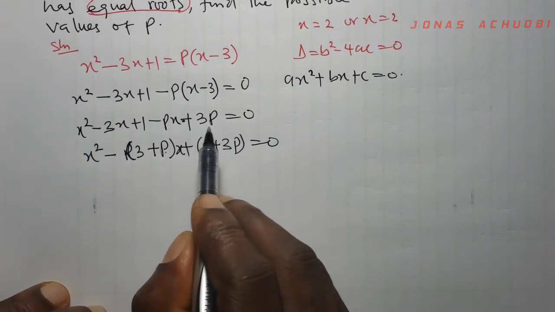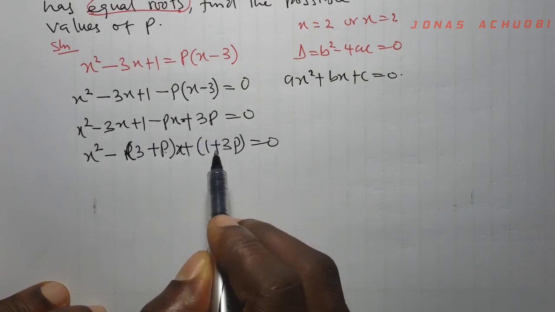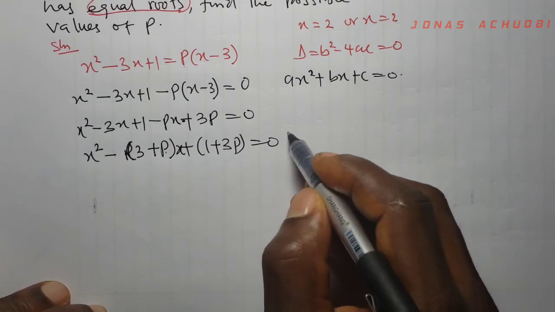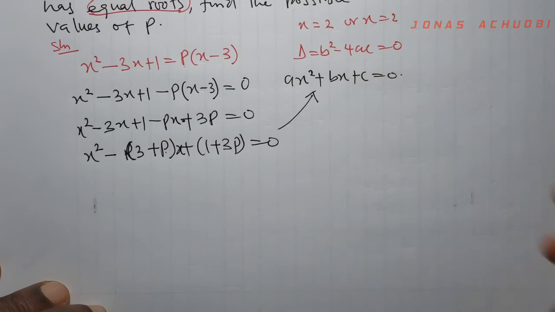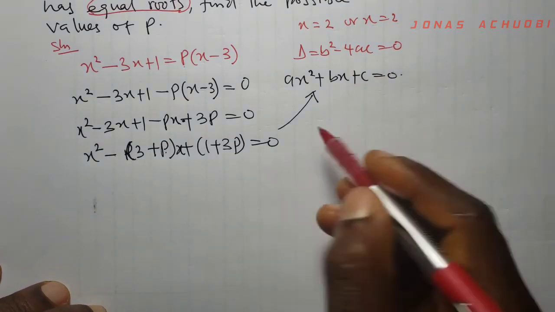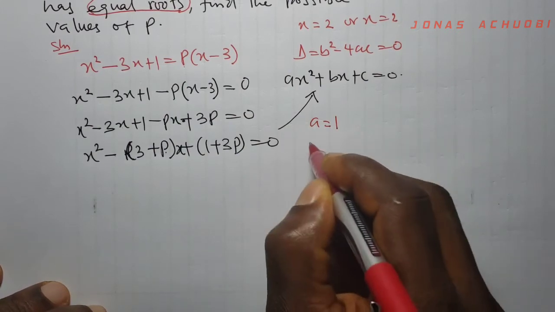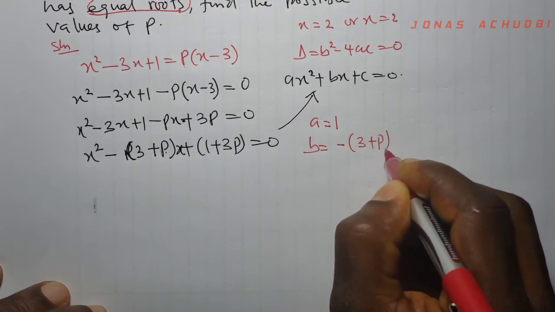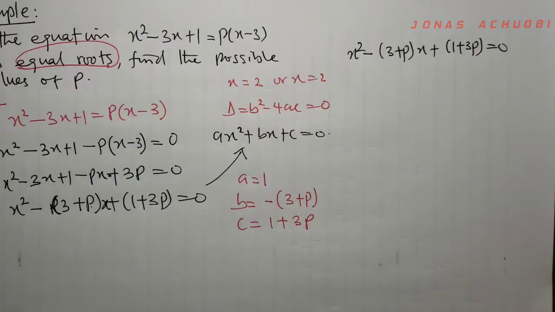Now these terms without the x, 1 has no x, and 3p also has no x. So I put them together as 1 plus 3p. Now, if you compare this to the general equation, you observe that our a is 1, our b is negative (3 plus p), and our c is 1 plus 3p.